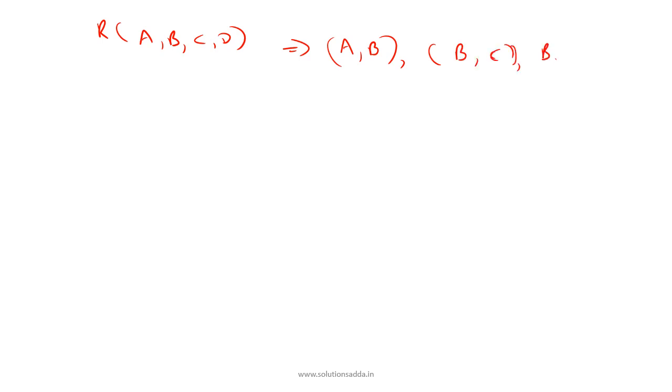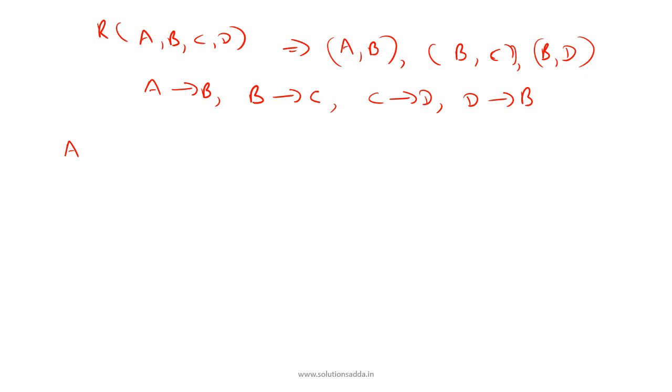So let's write the relation with A, B, C, D as the attributes. Now we are decomposing it into three, that is AB, BC and BD. The dependencies include A determines B, B determines C, C determines D, and D determines B. These are the functional dependencies. First, let's try to see if it is lossless or lossy.